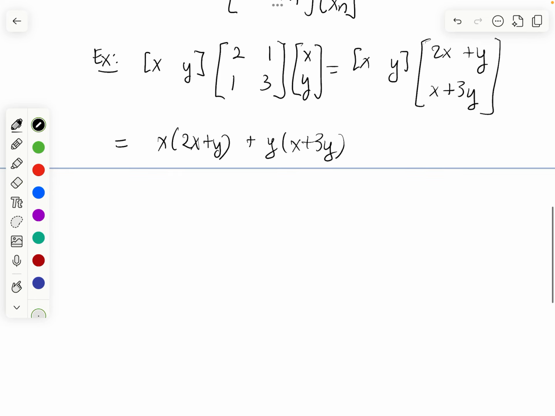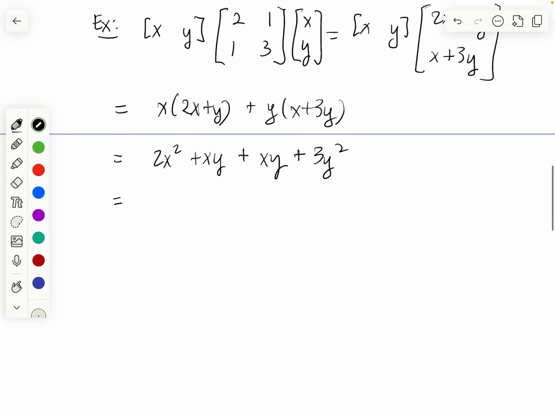Now you're going to have to simplify this a bit. You distribute the x across, you get 2x squared plus xy, and then plus yx. Well, y times x is obviously the same as x times y. And then you're going to get 3 times y squared. Now you can add the xy terms together, so you get 2x squared plus 2xy plus 3y squared. So that's another quadratic form.